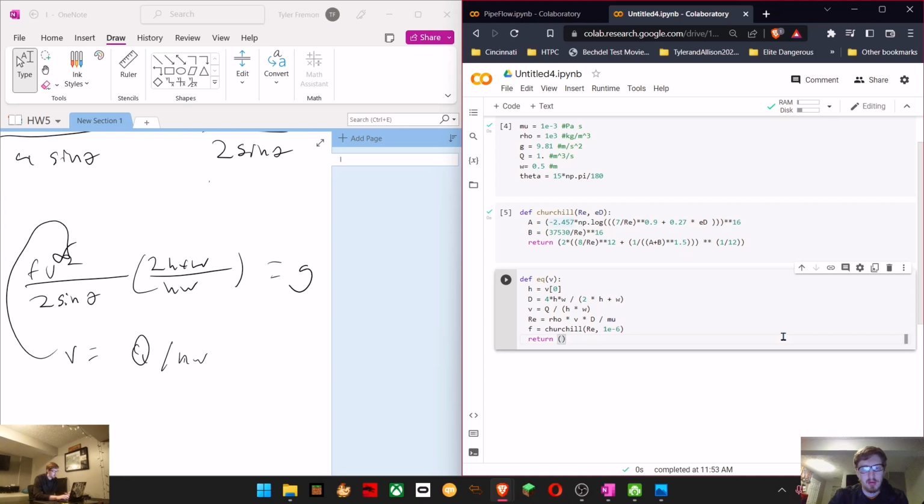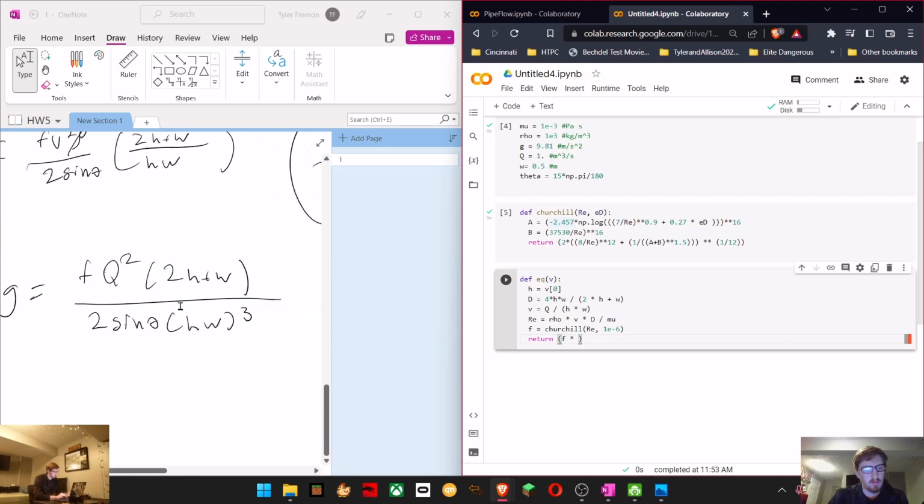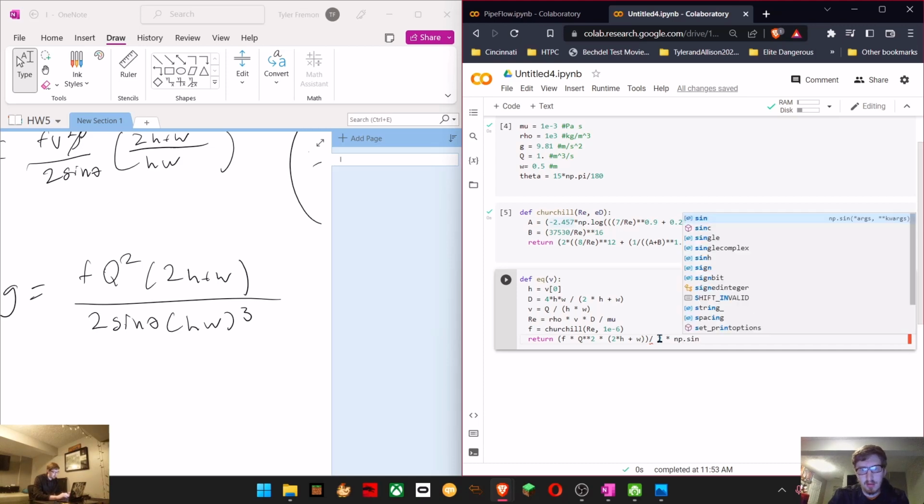So we have F times Q squared times 2 times (H plus W), and then divide that by 2 times sine theta.